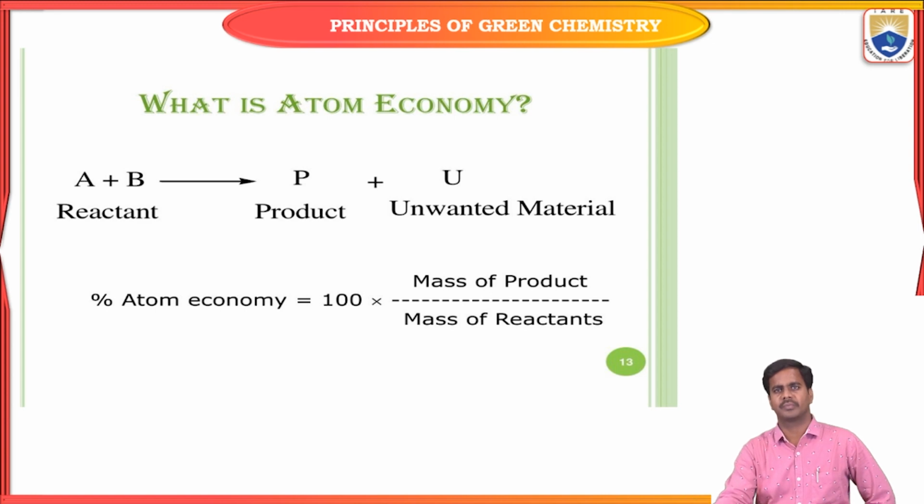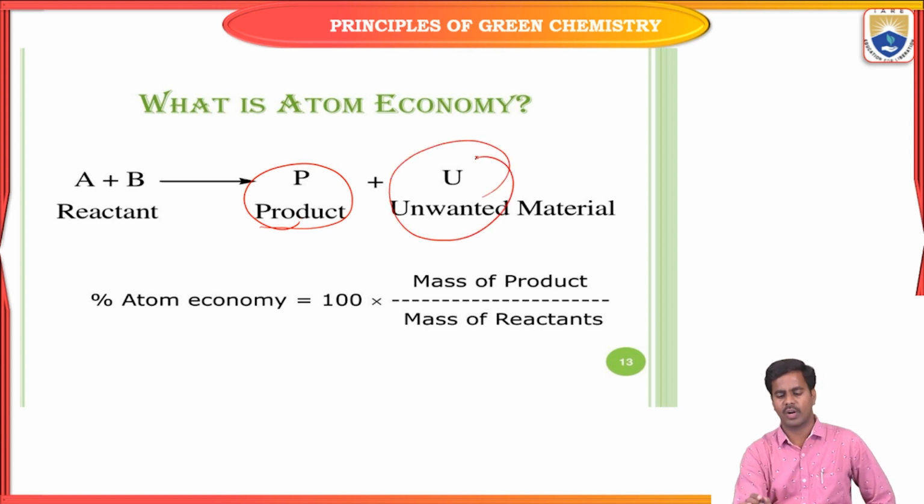If you see reactants A plus B giving rise to products P and U, here P is the desired product and U is the unwanted product. Already we know that atom economy refers to the percentage of usable product formed in a reaction.